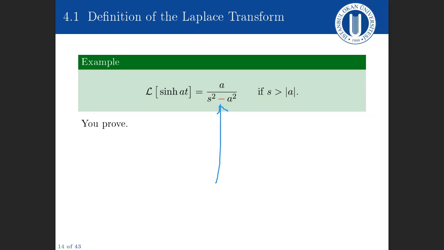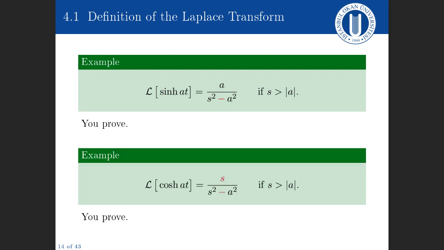That's why plus becomes minus. But other than that, the calculation would be the same. The Laplace transform of cosh at is s over s squared minus a squared. And for these two formulae, I leave it for you to prove this. You should be able to use the integral definition to find these two formulae.